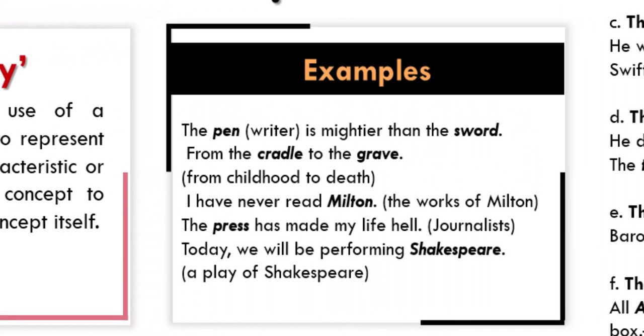The pen is mightier than the sword. Here we have it that the pen is something related to a writer and sword is related to a fighter. Okay, so we're using something related to a writer to represent the writer, which is pen. We're using something related to a fighter to represent the fighter, which is, in this case, sword.